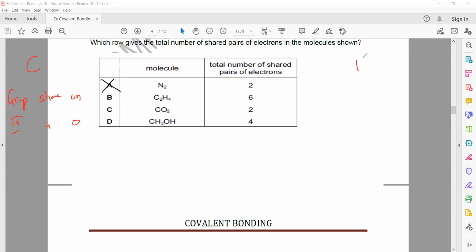And for hydrogen, it will share 1 and the unshared will be 0. So when we draw the structure of C2H4, the one which shares the maximum number should be in the center. So 2 carbon atoms in the center and hydrogen will be around them.